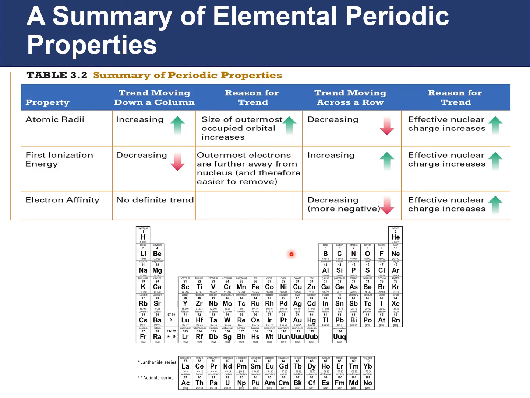As you go from left to right across a period of the periodic table, the electron affinity decreases, becoming more negative, which means you get more energy out for adding the electron on. The reason for this is the same as the first ionization energy and the atomic radii. The effective nuclear charge. As you go across, the effective nuclear charge goes up, so there is a greater attraction of an added electron towards the nucleus.